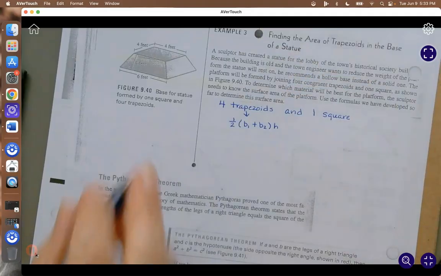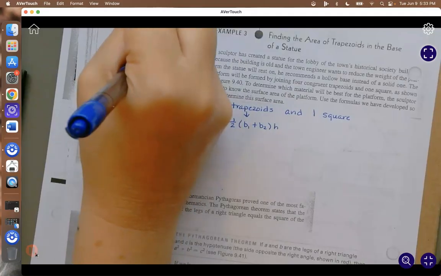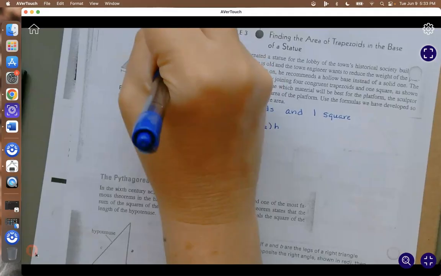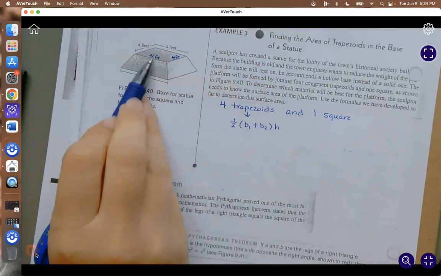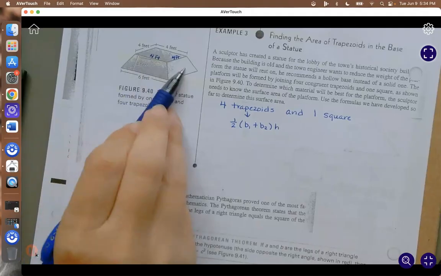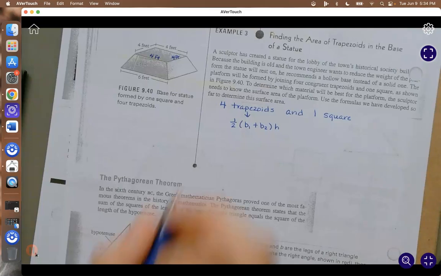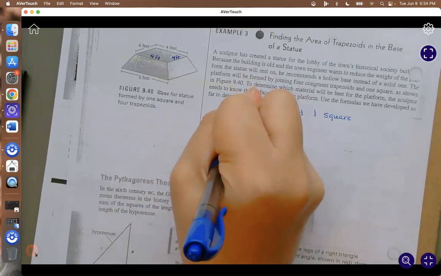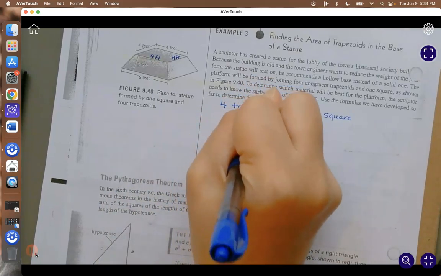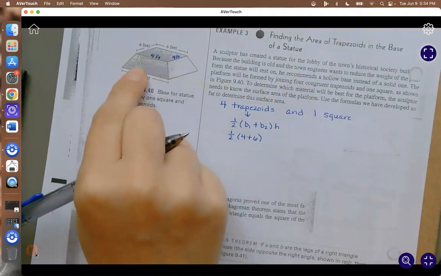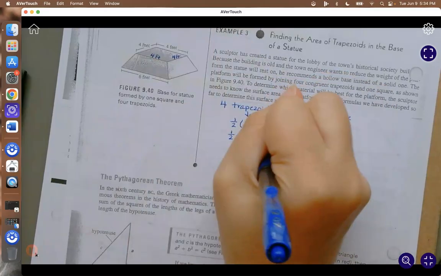Okay, now if that's 4 feet and that's 4 feet, this is 4 feet as well. And this is 4 feet. Okay, so we can find this trapezoid and it's going to be the same all the way around. Okay, so we have 1/2 4 plus 6. The height they give me is 2.